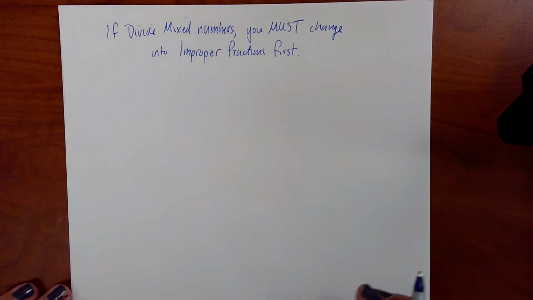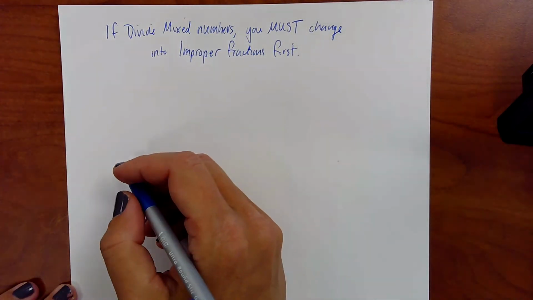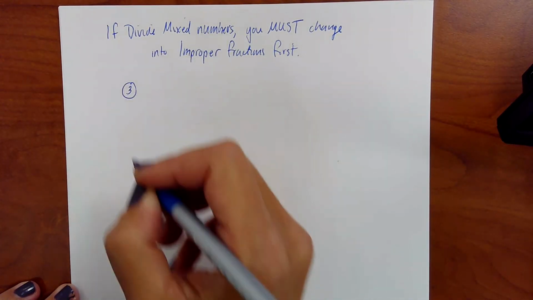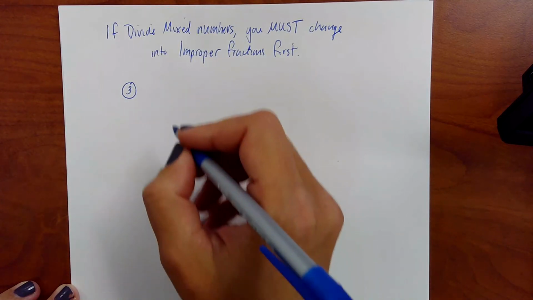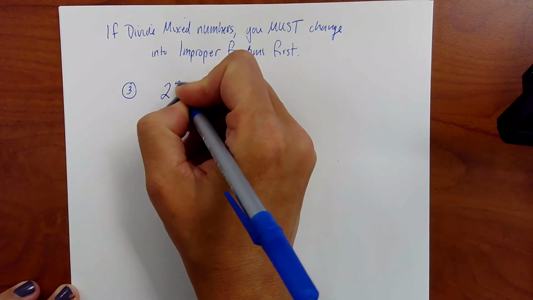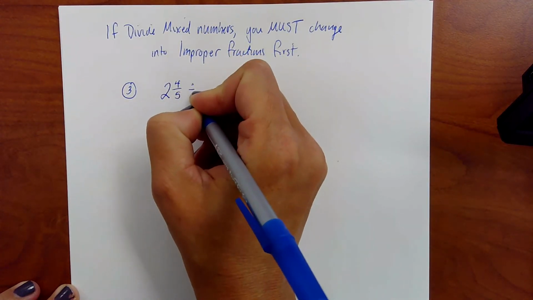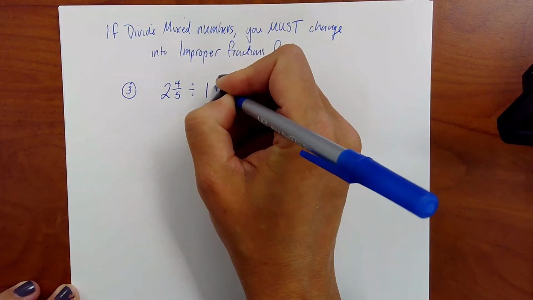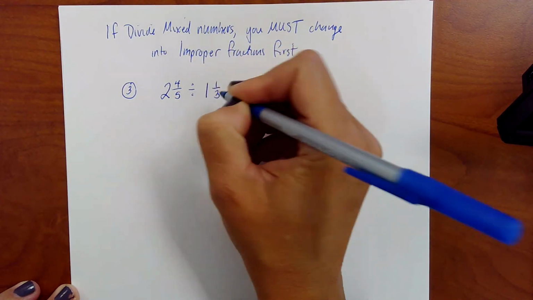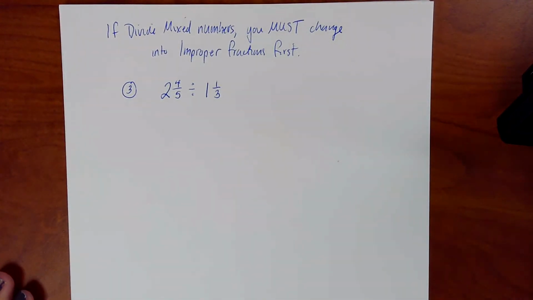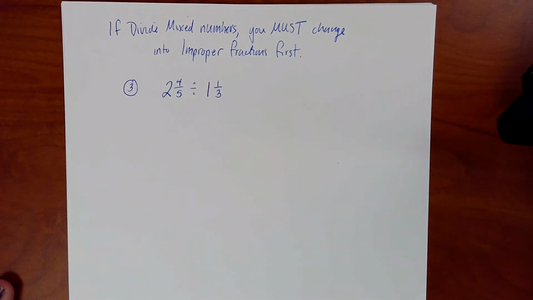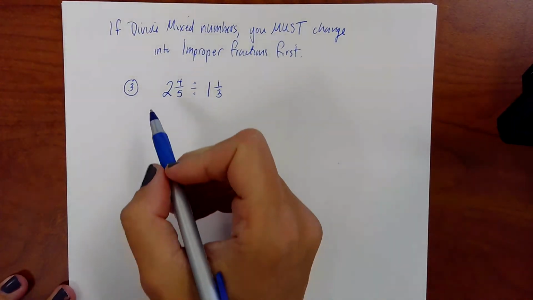Okay, and we'll do one of those. What am I up to? 3 on this one. So let's say you had 2 4/5 divided by 1 1/3. Okay, before you do anything, you must change those into improper fractions.